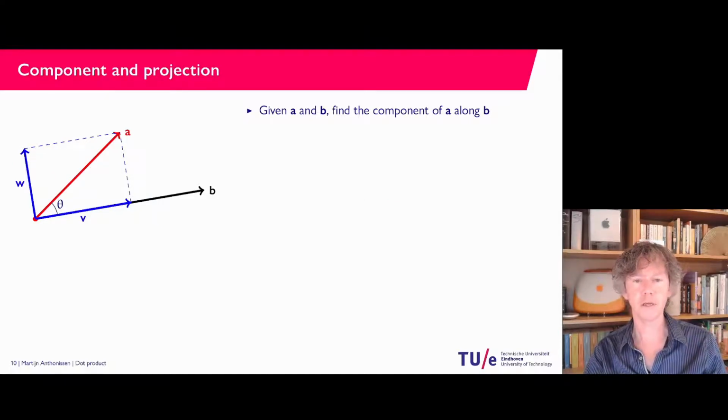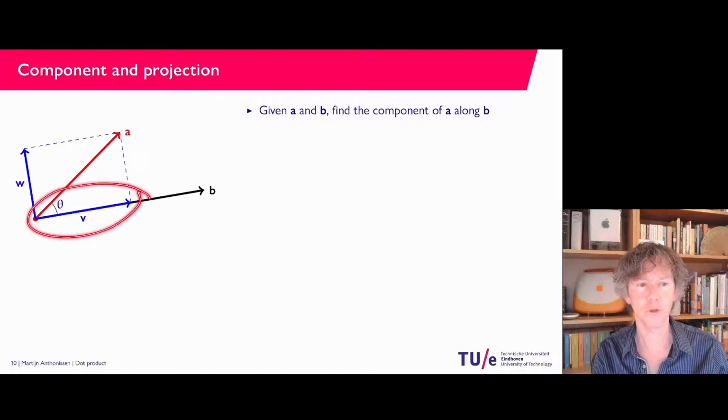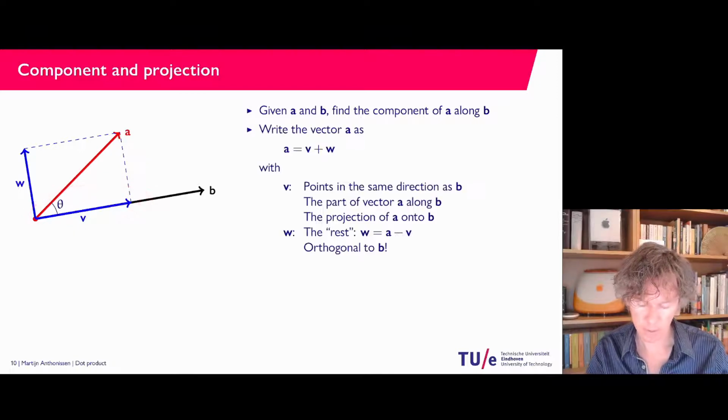Given are A and B, and what I would like to find is the component of A along B, and that is just a mathematical name of this V vector here. So I'm going to write my A vector as V plus W. So V points in the same direction as B, and it's called the part of vector A along B, or the projection of A onto B, and the rest.